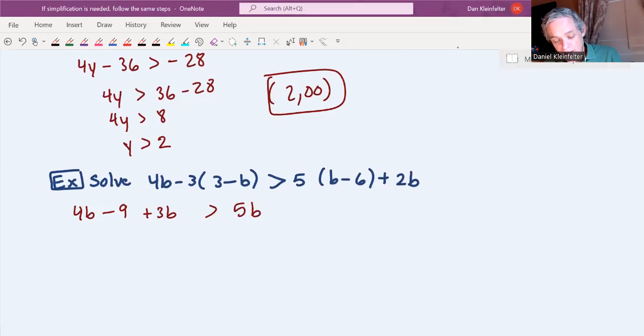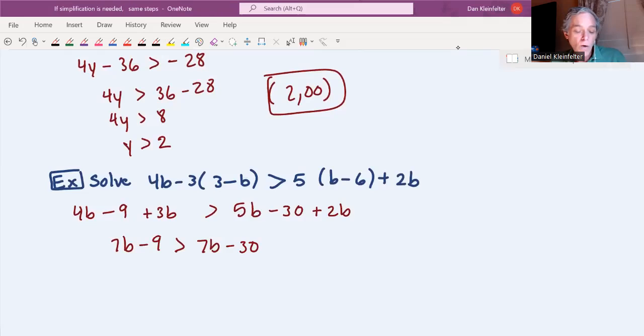Okay, so now we'll have 5b minus 30 plus 2b. Combine like terms, 4b plus 3b is 7b. We have 7b minus 9. On the right side it's 7b minus 30. So on this one, we have 7b minus 9, 7b minus 30. Let me subtract the 7b from both sides.